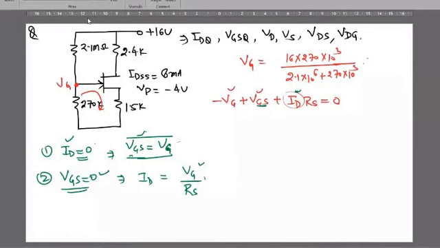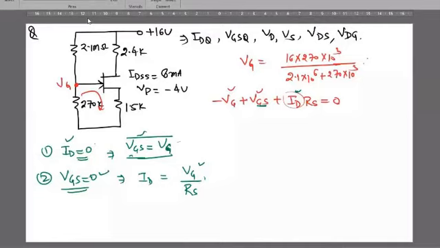You can put these values and calculate the final value. And finally you can calculate these two parameters.